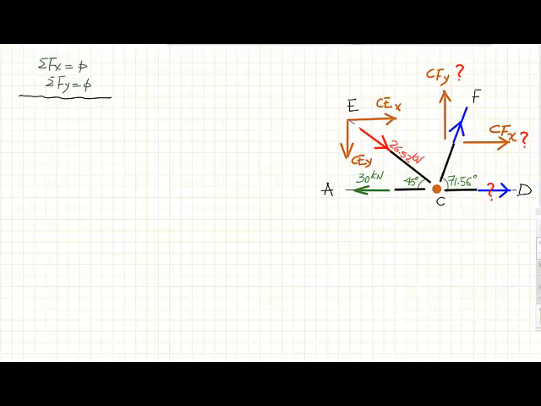So if we try the sum of all forces in the x direction equal to 0, we'll have this unknown involved. This is a known value to us, and this is unknown, so we'll have two unknowns involved in this equation. So let's try the other avenue and see the sum of all forces in the y direction equal to 0.